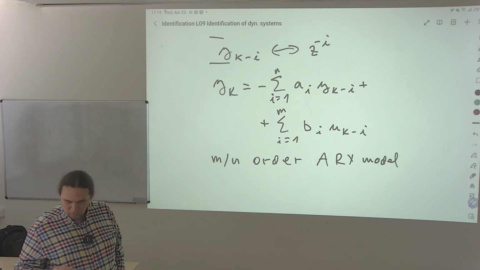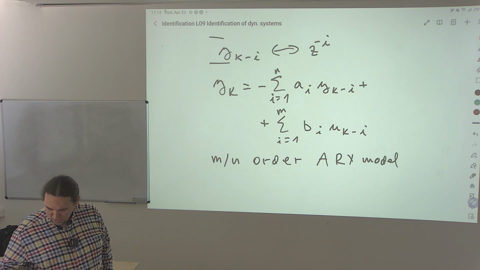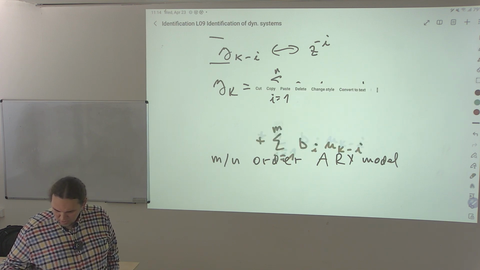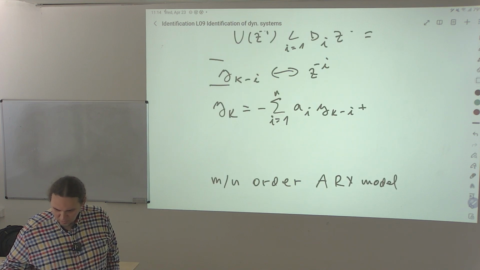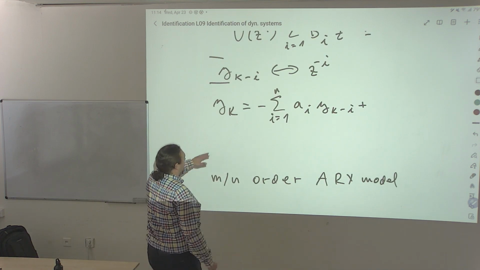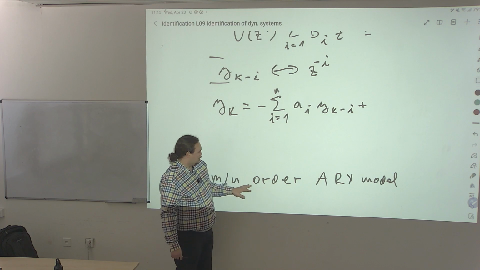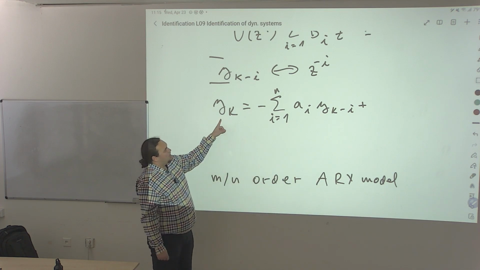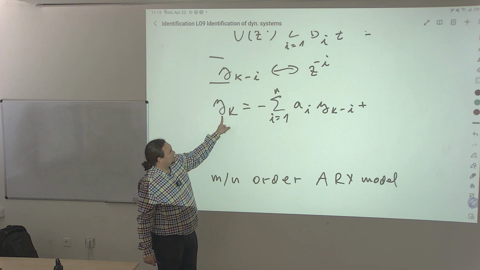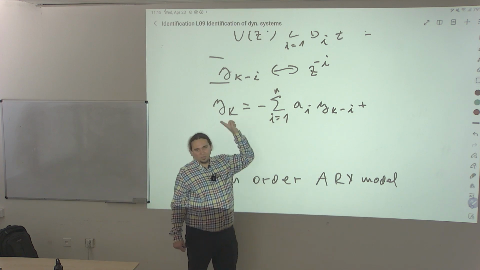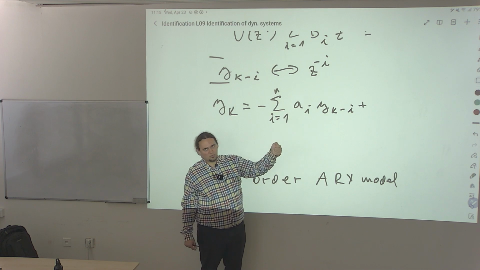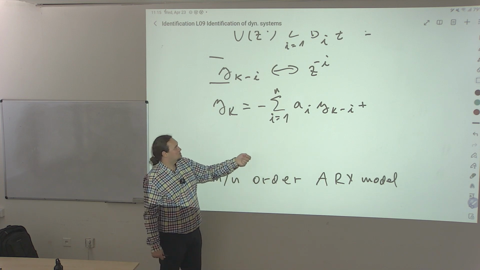This model could quite easily live without this. So in this form, it would be just called an AR model, autoregressive model. Why is it autoregressive? If you look here, it kind of resembles what we used for our filters last time.